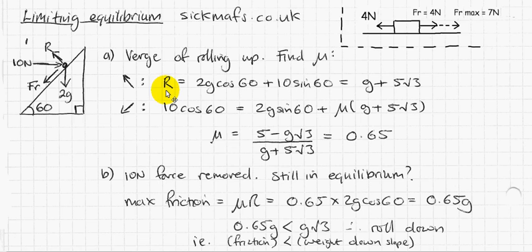So what is R? If you look at the trigonometry for mechanics video that I'll be making, it will tell you how to quickly work out whether you're going to use cos or sine.